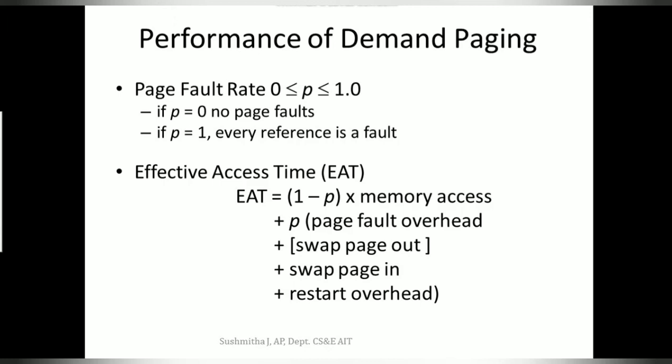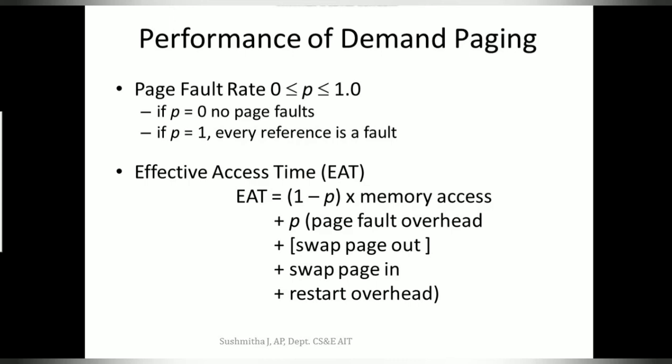The performance of demand paging can be checked with the page fault rate, 0 being the lowest and 1 being the highest. There could be a range or a percentage in between, that is, there could be 40% page faults, or 20% page faults. If it is 0, it is considered as no page fault. If it is 1, it is considered as 100% page fault, which is the concept of pure demand paging.